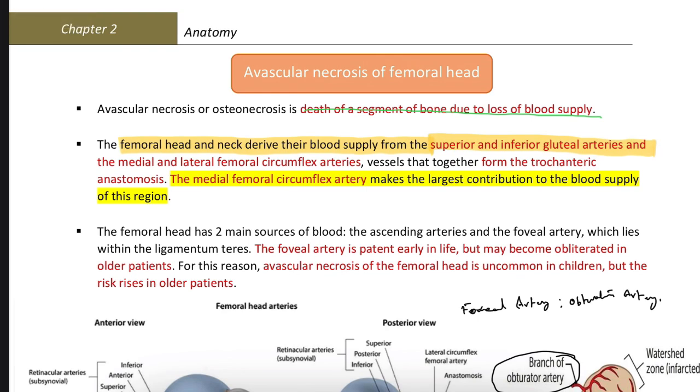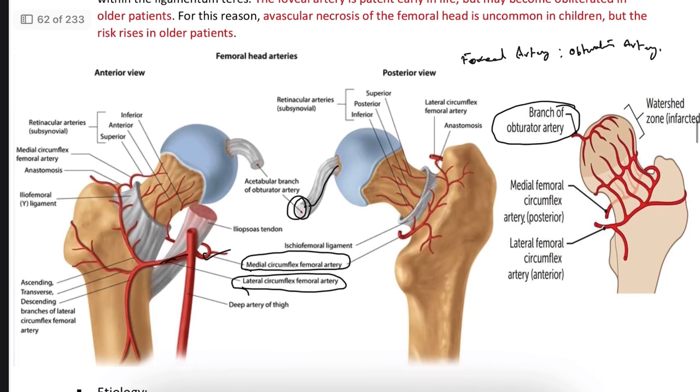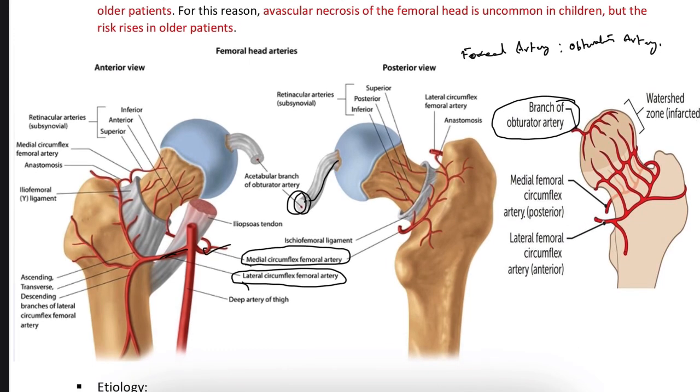So next, why is this important? Because the medial circumflex femoral artery is the main supplier and is vulnerable in femoral neck fracture. If any fracture happens in the femoral neck, this medial femoral circumflex artery will tear or get injured.